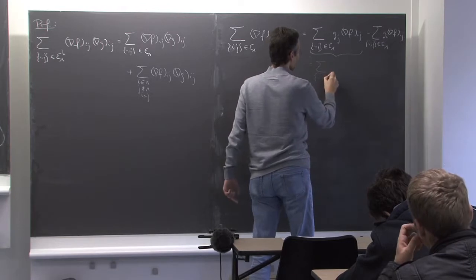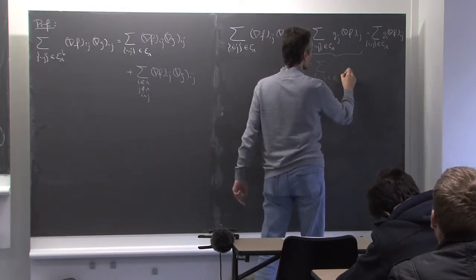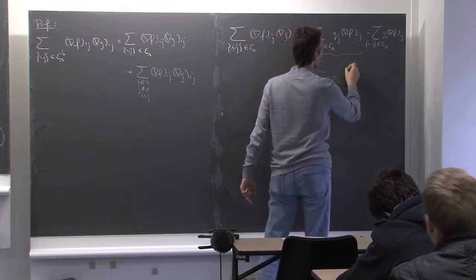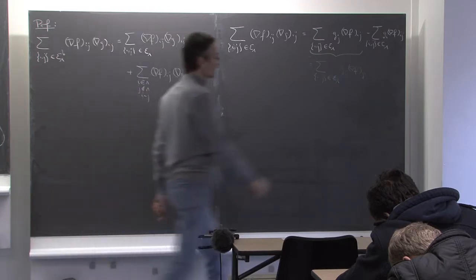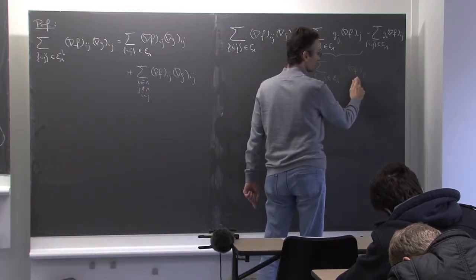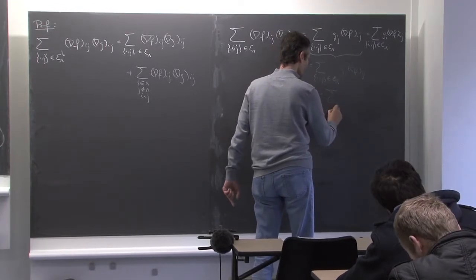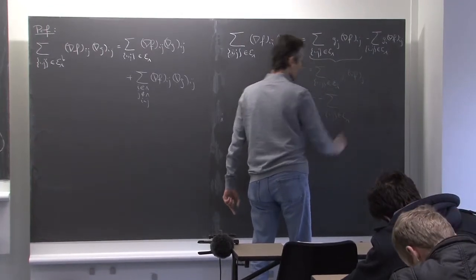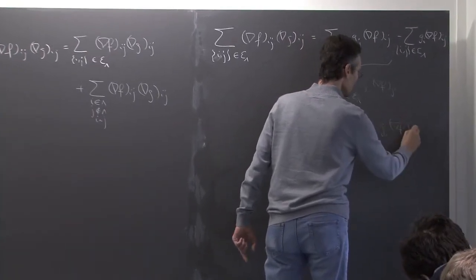They are just summation variables, so it doesn't change anything. So I get gi gradient f ji, but gradient f ji is just minus gradient f ij. So this is also minus the sum over all ij in E lambda of gi gradient f ij.